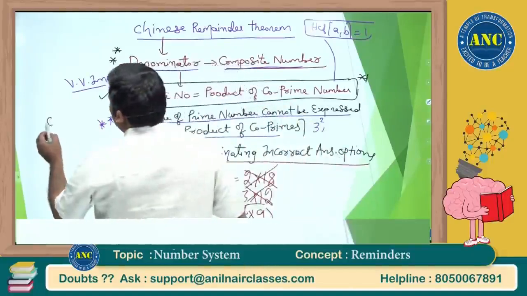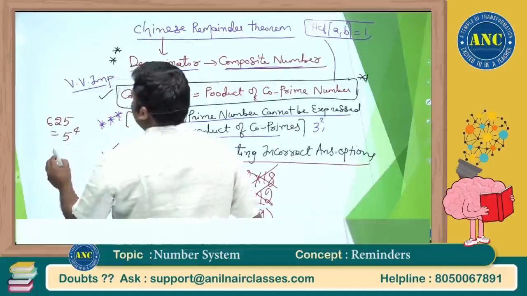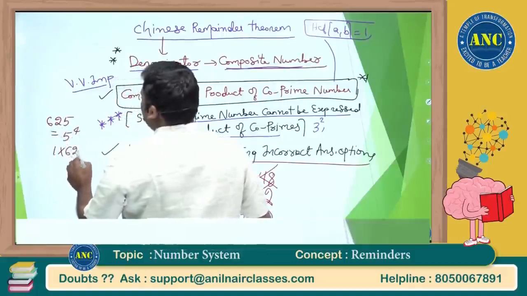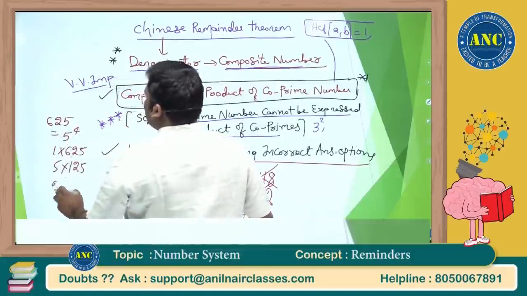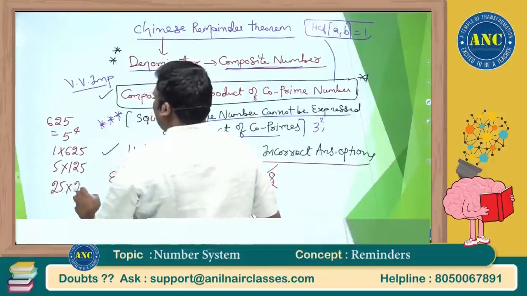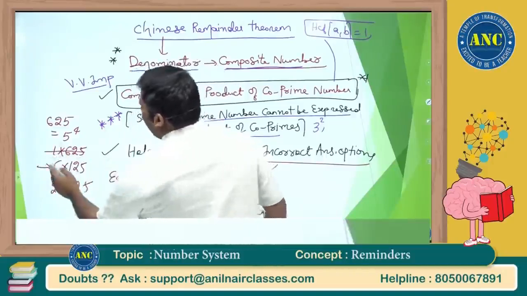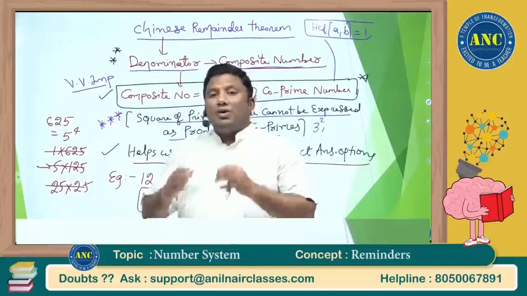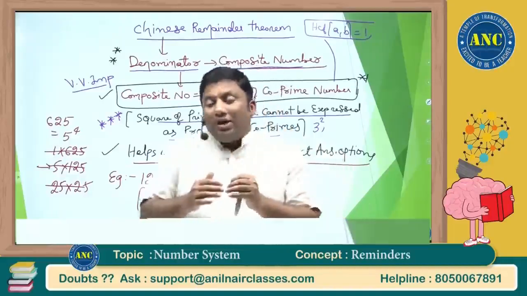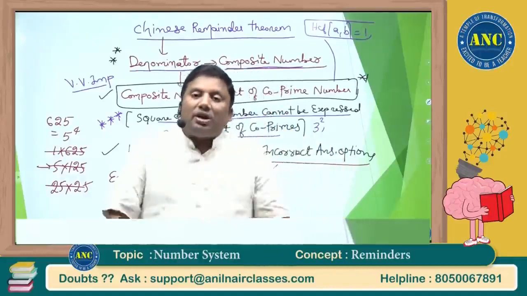Even if you take 625, 625 is 5 power 4. 1 into 625, 5 into 125, 25 into 25. These 5 into 125, both are not coprime. 4 is 1 into 4 and 2 into 2; you cannot write it as a product of coprimes.